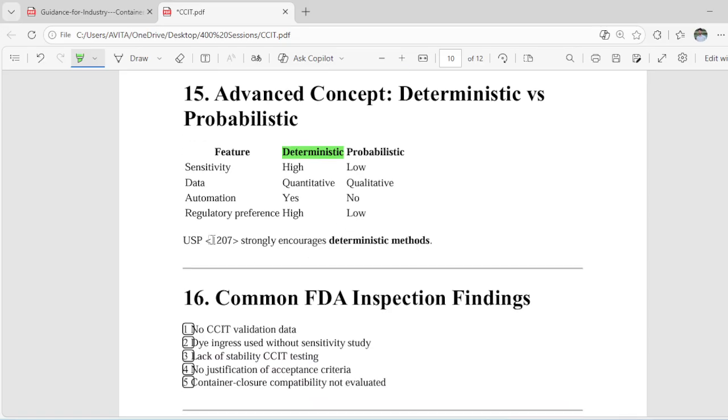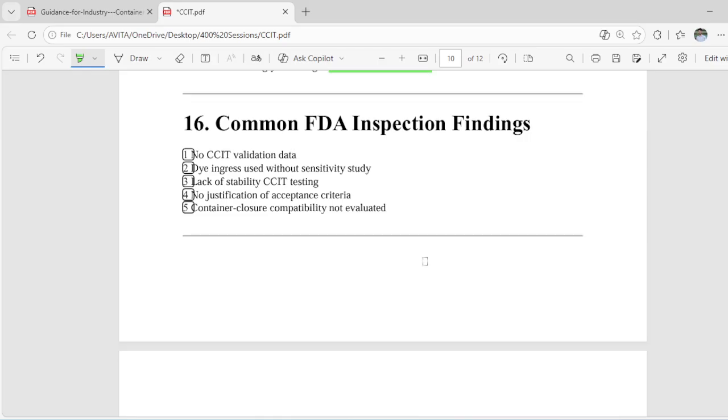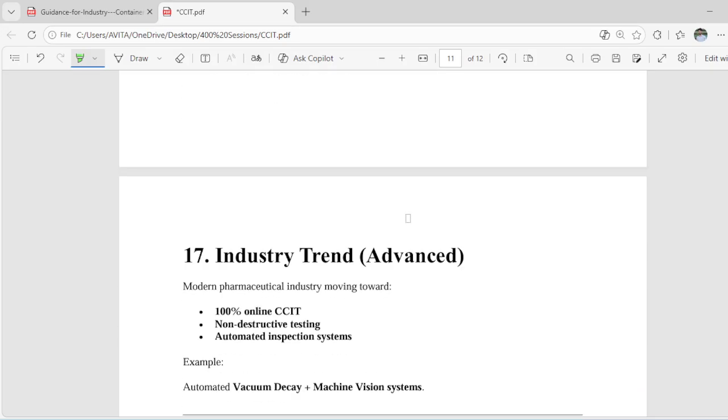USP 1207, as I mentioned earlier, strongly encourages the deterministic methods. Then the common FDA inspection findings are: no CCIT validation data, dye ingress used without sensitivity studies, lack of stability CCIT testing, no justification of acceptance criteria, container closure compatibility not evaluated.